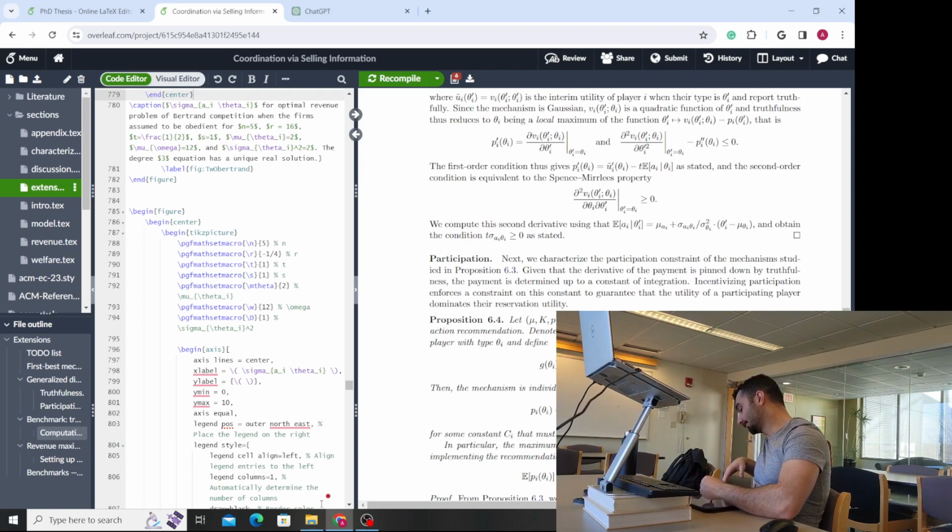Truthful mechanism in which the players follow their action recommendation.